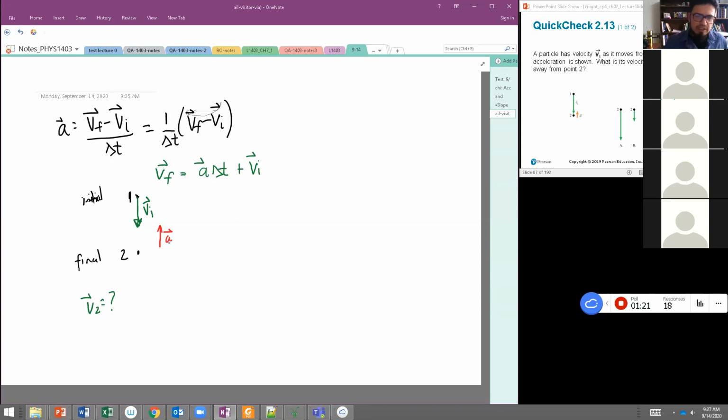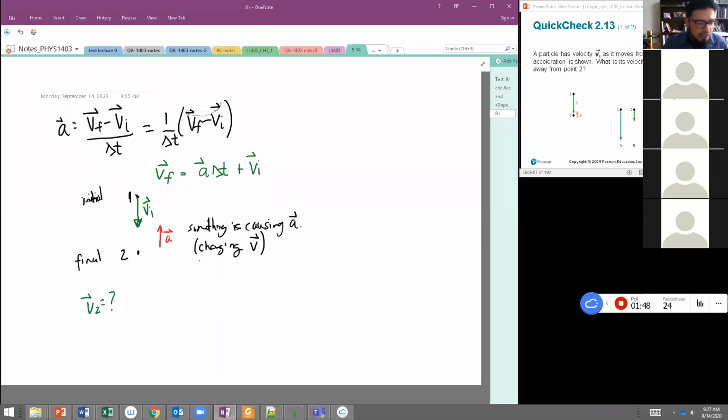Another way that I think is a bit more intuitive is, anytime you see this acceleration, think about it: something is causing the acceleration. Something is changing the velocity.